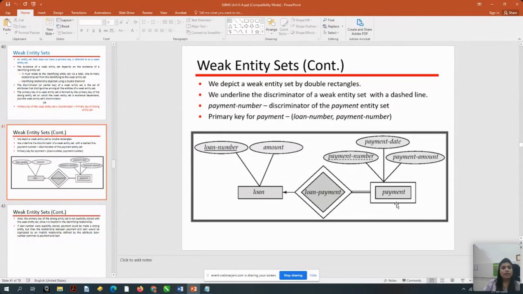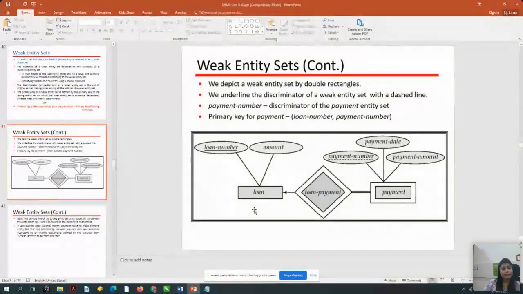Now the primary key for the weak entity set becomes the discriminator plus the primary key of the entity set to which it is linked. So it is linked to the loan, and you have the loan number as the primary key. So the combination of loan number and the payment number becomes the primary key of the weak entity set payment.